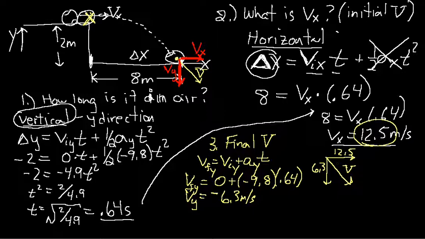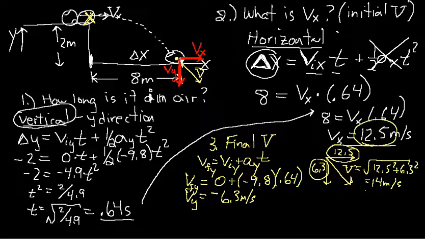It's going to be the combination of the x component plus the y component. And that v then is going to be the square root of the 12.5 squared plus the 6.3 squared. And if we do that, I believe I come up with close to, let's say, approximately 14 meters per second for v.